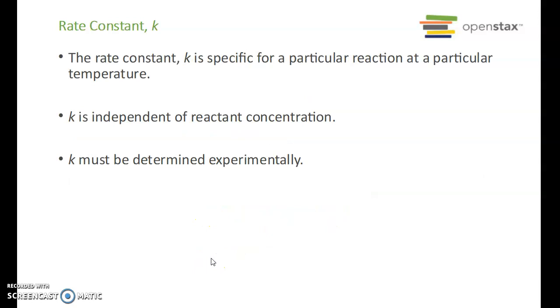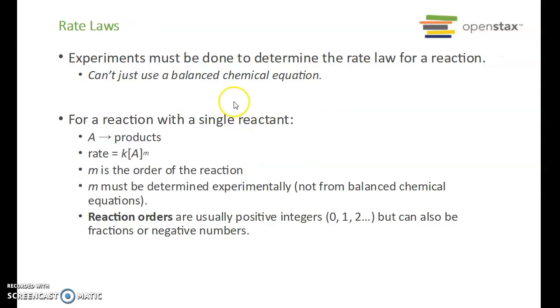Some reactions are more complex. The rate constant is specific for a particular reaction at a particular temperature. It's independent of reactant concentration, and it must be determined experimentally. So experiments must be done to determine these, and you just can't balance a chemical reaction.